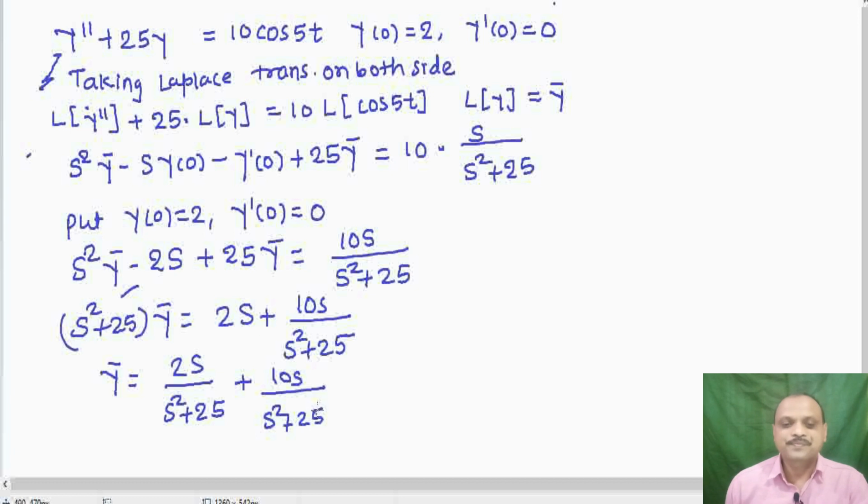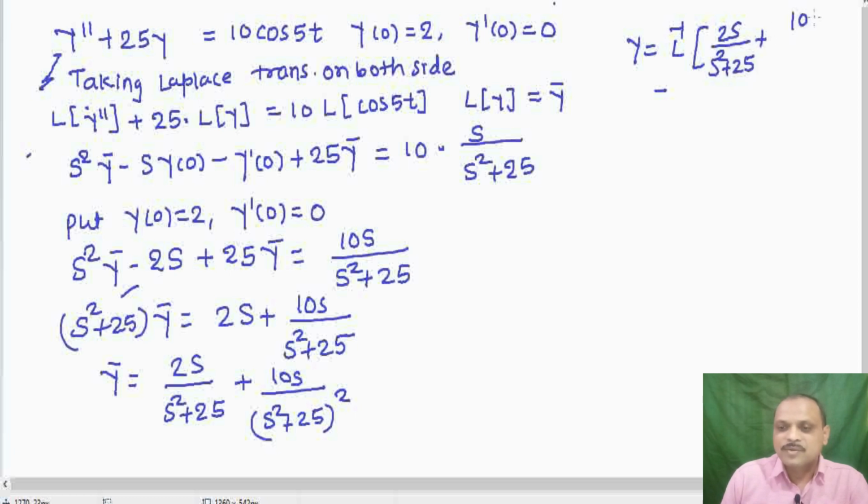Now what is y bar? Y bar is L of y. So L of y, hence y equal to L inverse of these two terms, 2s divided by s square plus 25 plus 10s divided by s square plus 25 whole square.